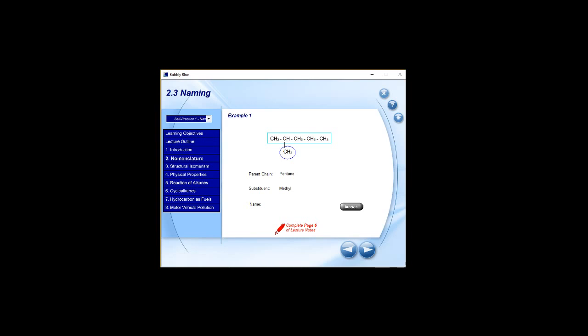We can number the carbon on the parent chain from left to right or from right to left. But since the guideline tells us that a lower numbering is preferred, the methyl group is attached to carbon 2 of the parent chain. Therefore, the name of this alkane is 2-methylpentane instead of 4-methylpentane.